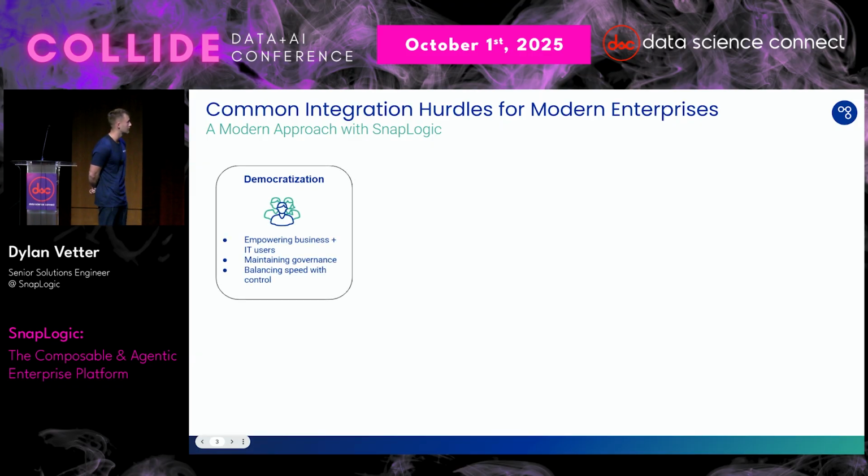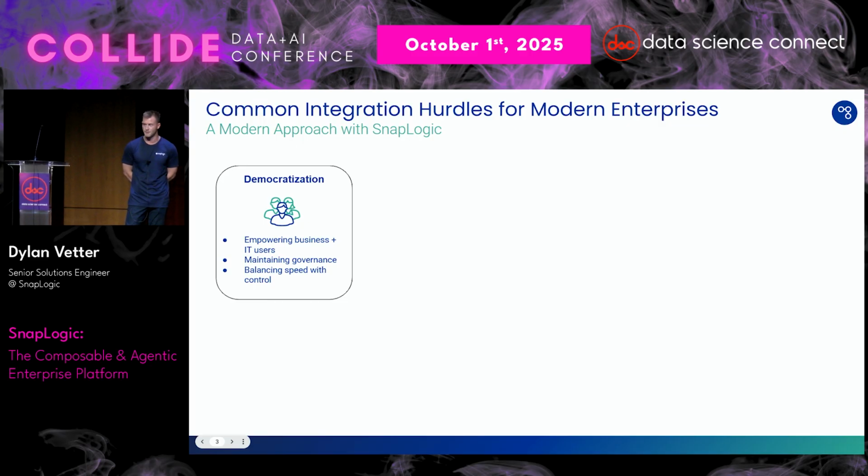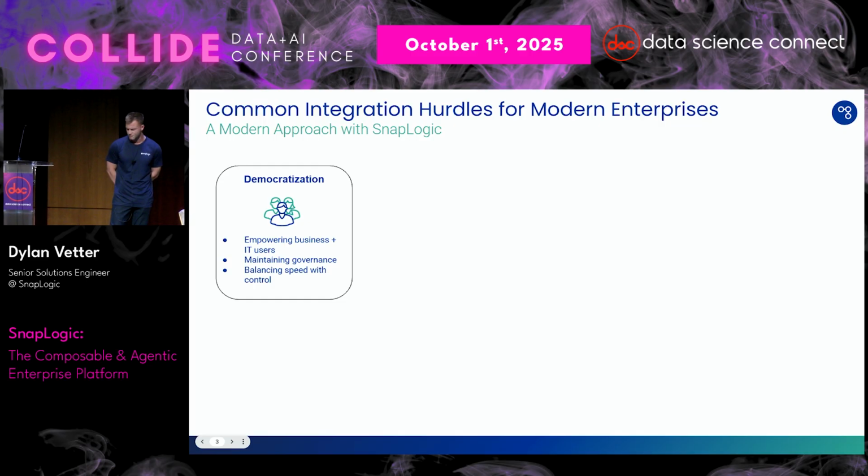So the first one that I've noticed was democratization. And this is the activity of trying to empower other users besides the core IT group, which at the core sounds like a great idea where you're like, okay, now we went from hand coding, we have this low code platform. I could just let everyone in my organization do integrations now. Theoretically that sounds great, but that is not how it works, right?